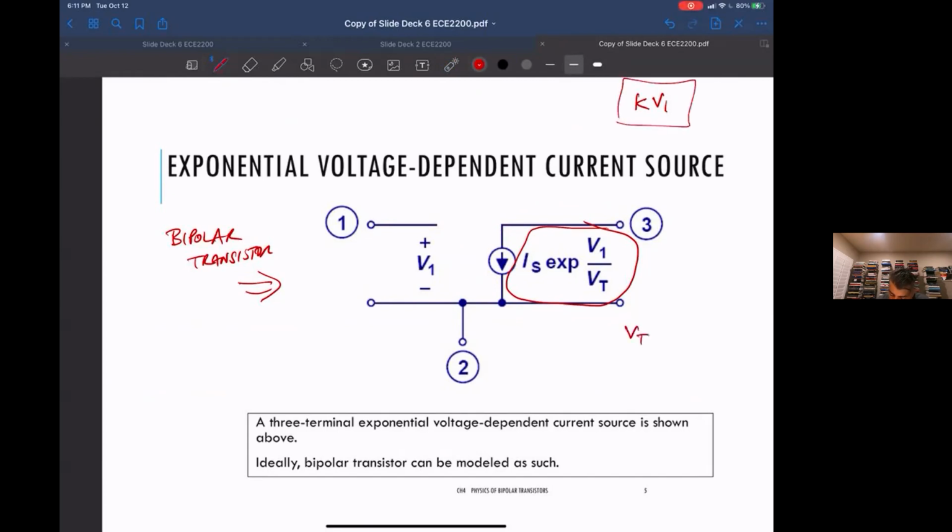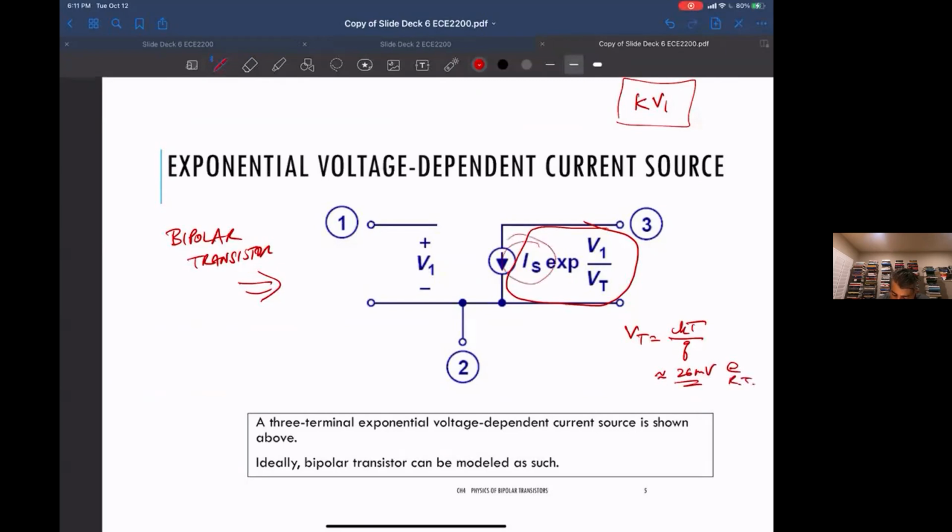And V T is still the old guy that we were using in the diode, which is around 26 millivolts at room temperature.